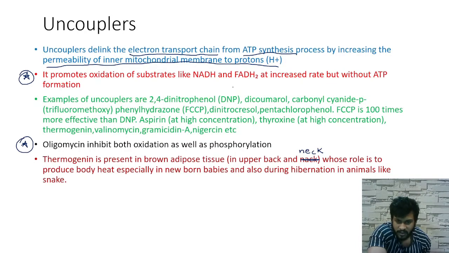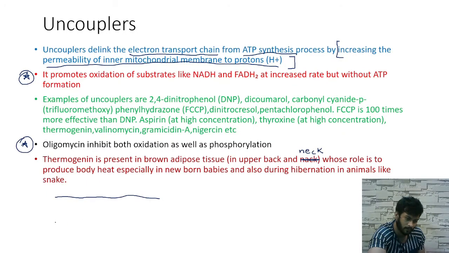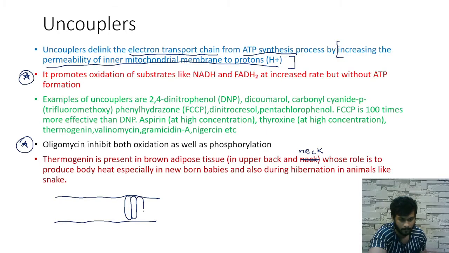So let us first understand this statement: uncouplers de-link by increasing the permeability of the inner mitochondrial membrane to protons. So this is the C ring, which is present in the F0 component of ATP synthase.